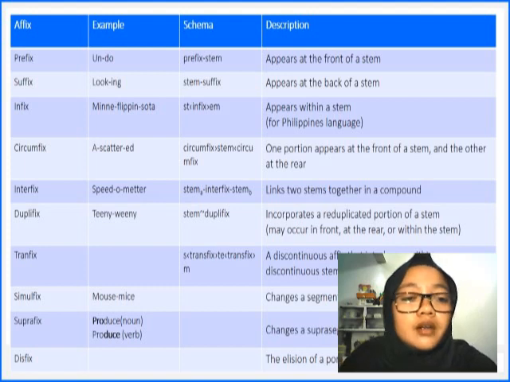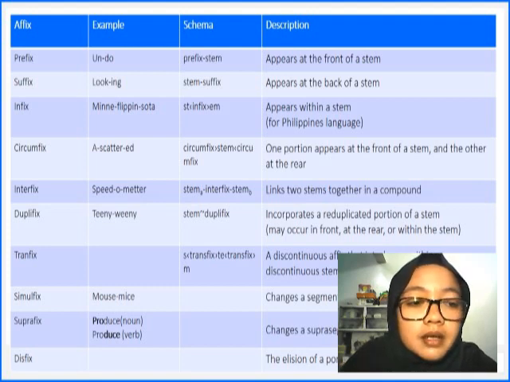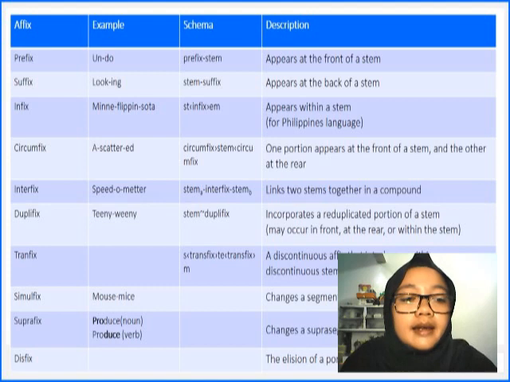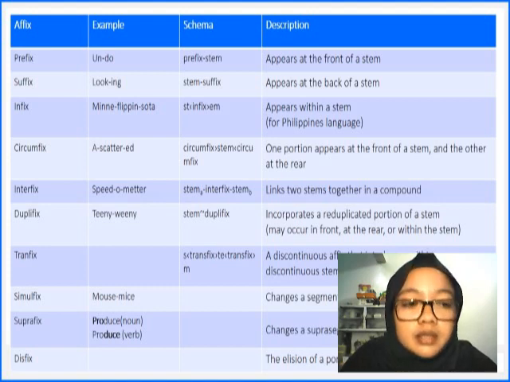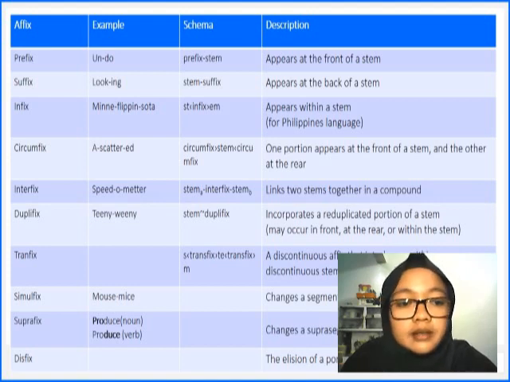We have the others, like circumfix. The example is like a-scatter-ed: the circumfix, then the stem, and then the circumfix again. Or the other one, like speedometer, with the stem, then the interfix, and then the stem.